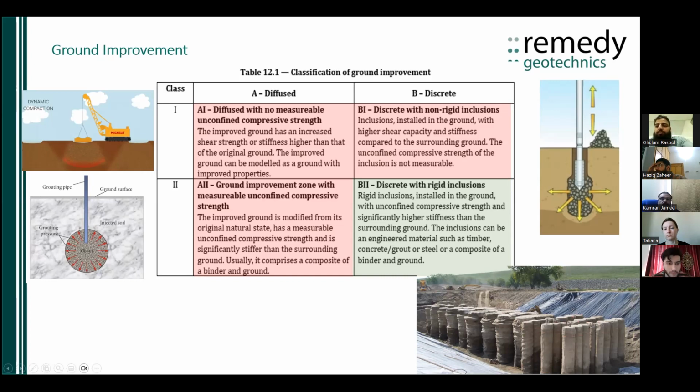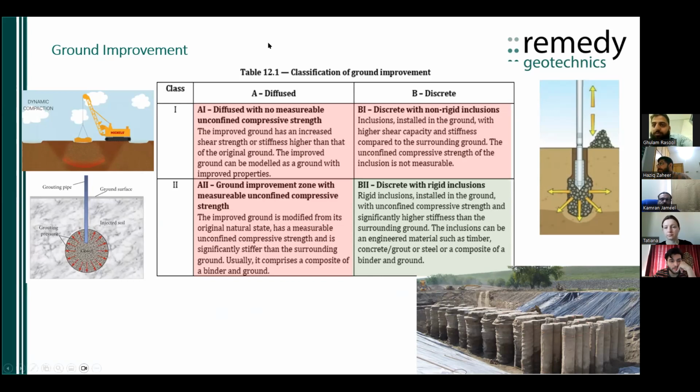And this is just some photographs of some exhumed columns. I think some of them might be jet grout. It wasn't entirely clear, but the soil has been removed from between them, so you can see that they are discrete items, and you could take some cores and do strength testing.